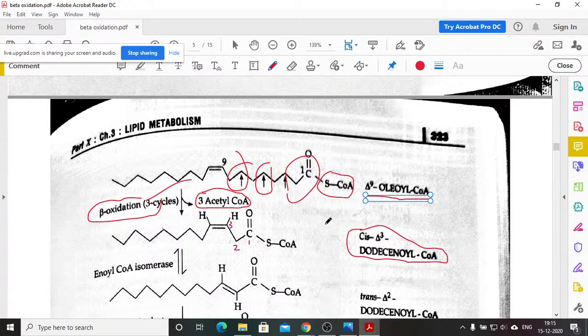So it is delta 3. Cis configuration means, if you draw a hydrocarbon molecule like this, these 2 hydrogens are on the same side.